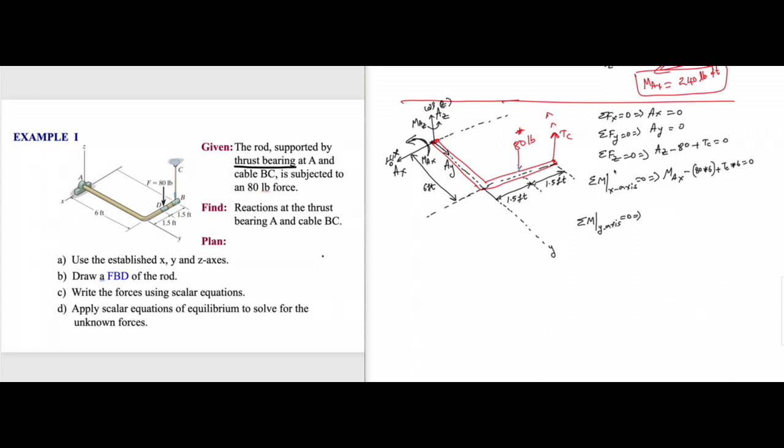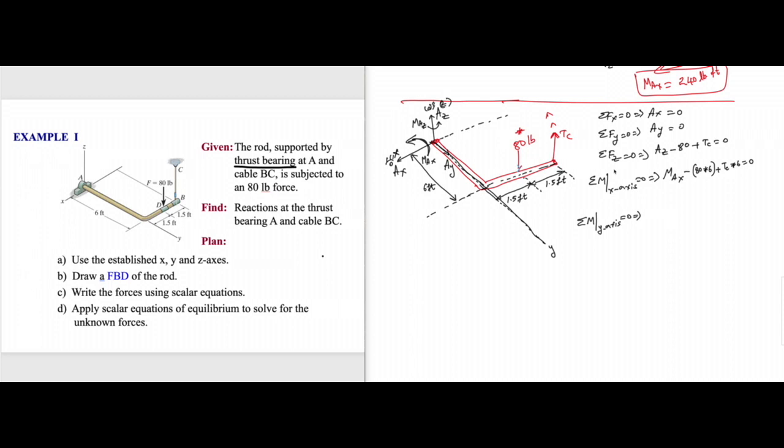Y-axis is along AY, right? What is the distance of AX from y-axis? AX is passing through y-axis, so the distance is 0. So AX has no effect. AY is parallel to y-axis, so it has no effect. AZ, though it's perpendicular to y-axis, again, AZ is passing through y-axis. And MAX and MAZ are respective moments with respect to X and Z axis, so we don't even consider that when we're talking about y-axis.